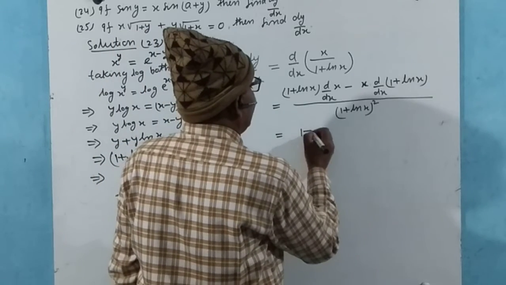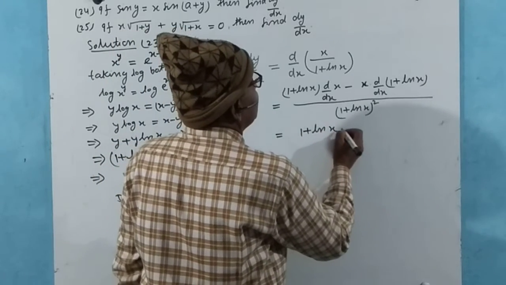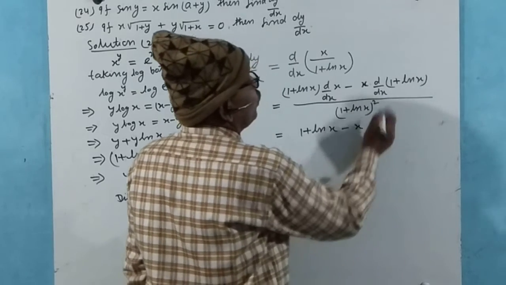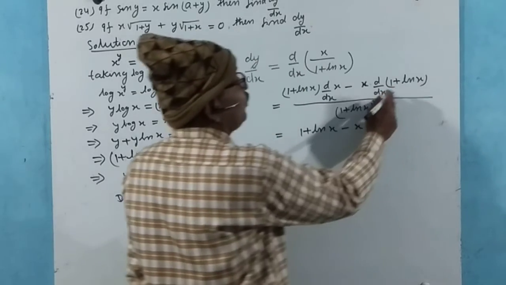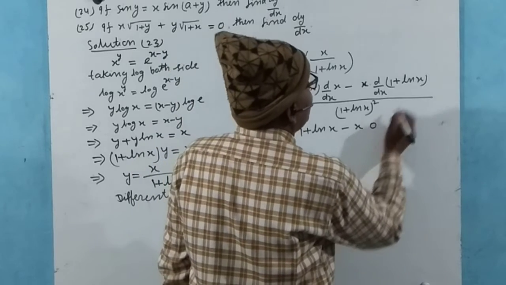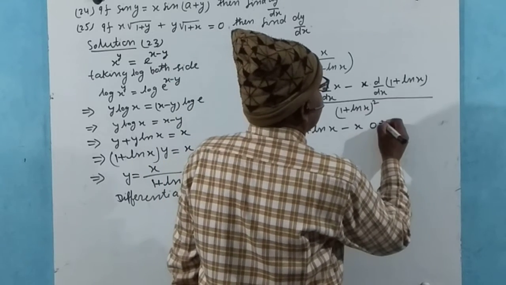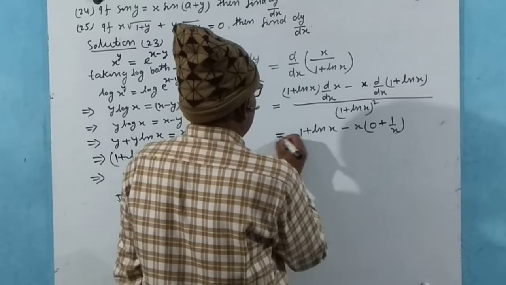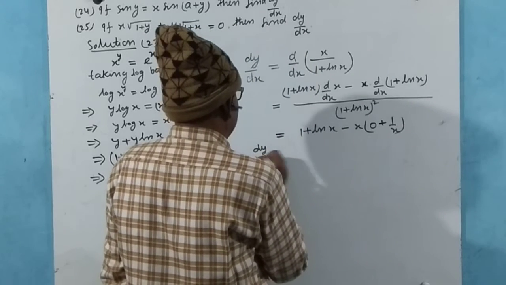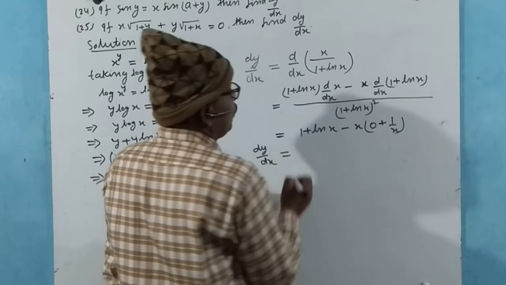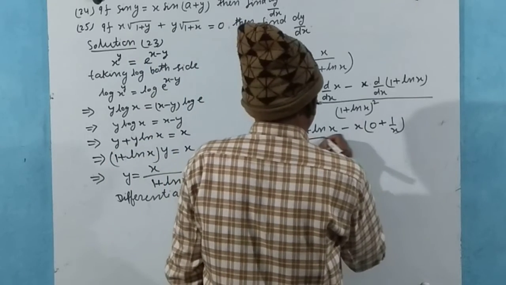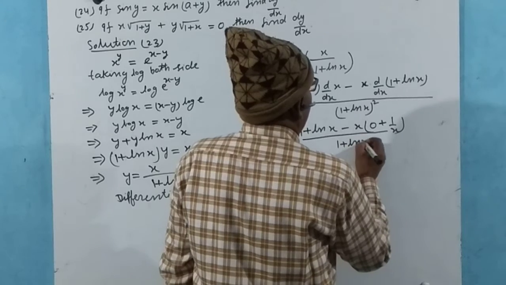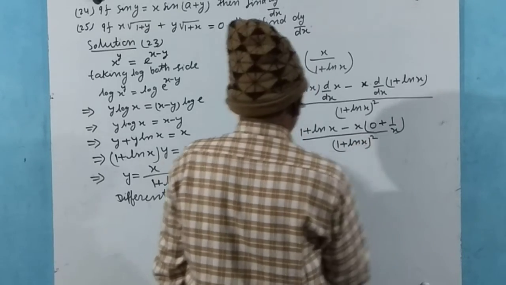This can be written as 1 plus log x minus x into differentiation of 1 with respect to x equal to 0, and log x gives 1 by x, here divided by 1 plus log x whole square.